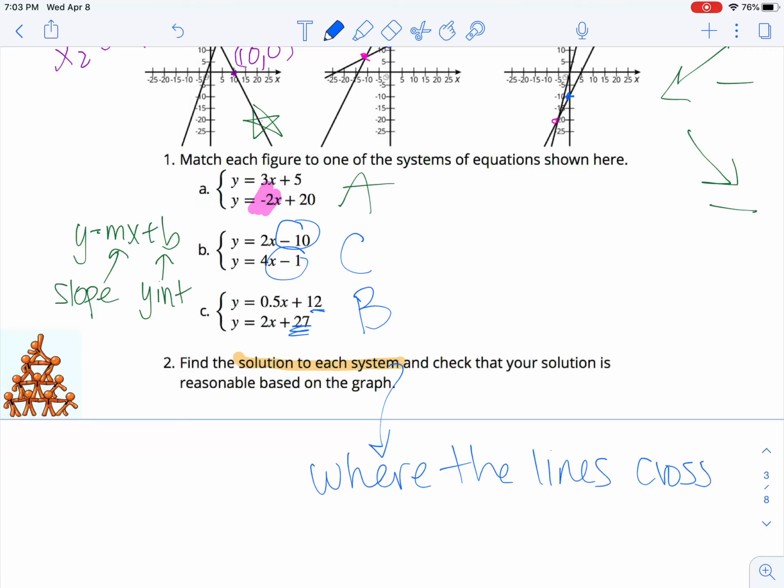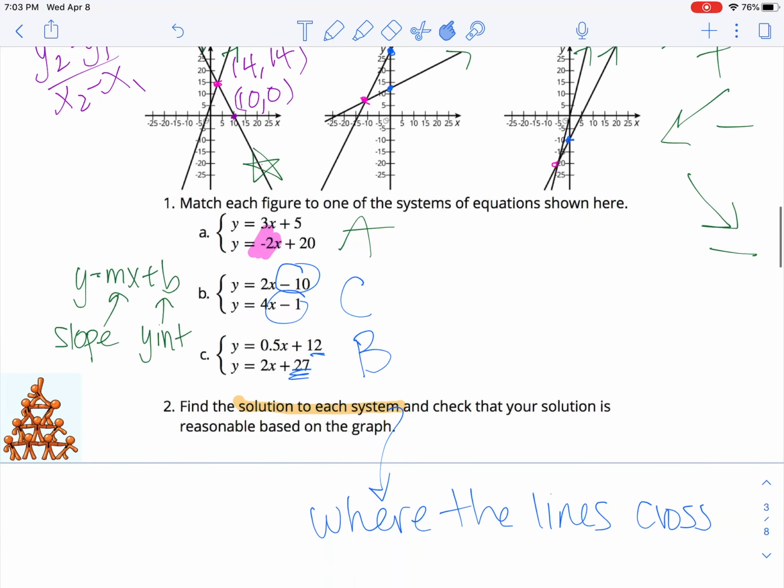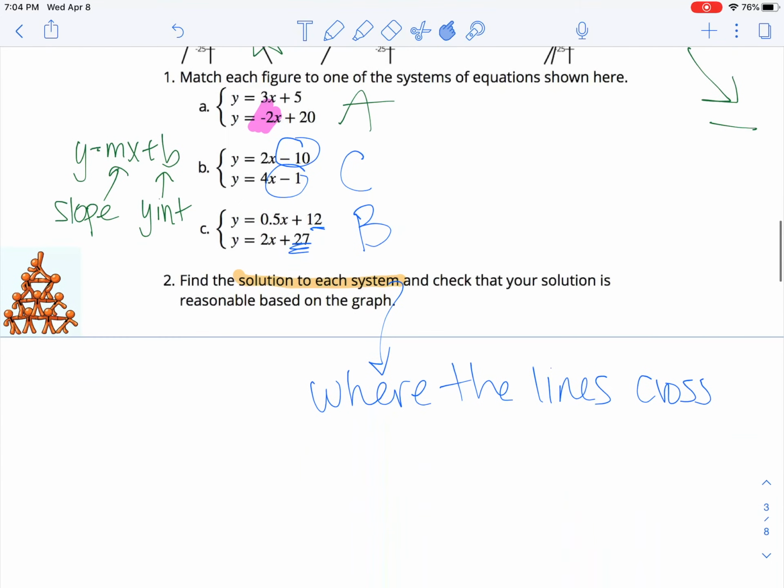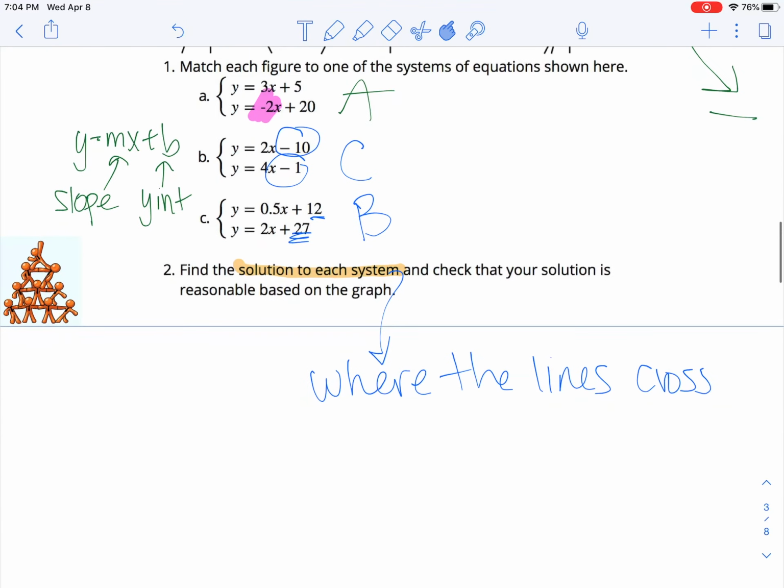Don't think too much about why or how or if things are different. We'll get into that later. For now, just know that where the lines cross, that's the solution to that system, because where they cross is where they are at that point in time equal. And that means that's their answer. That's what they both share. So all you have to do is record the coordinates of A, B, and C for where they cross.